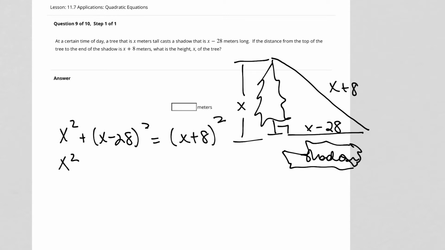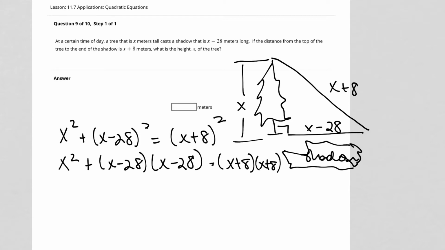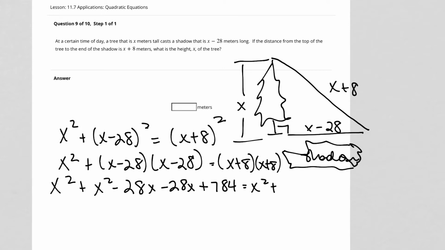This is going to be X squared plus X minus 28 times X minus 28 equal X plus 8 times X plus 8, which is X squared plus X squared minus 28X minus 28X plus 784 equal X squared plus 8X plus 8X plus 64.